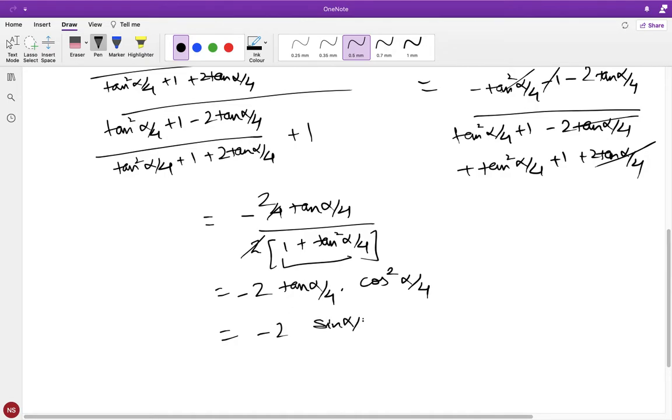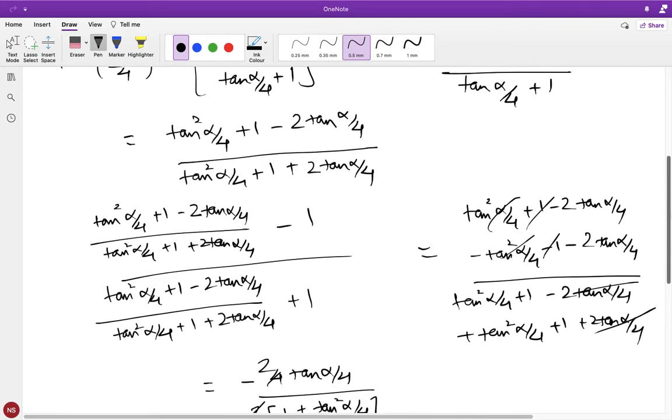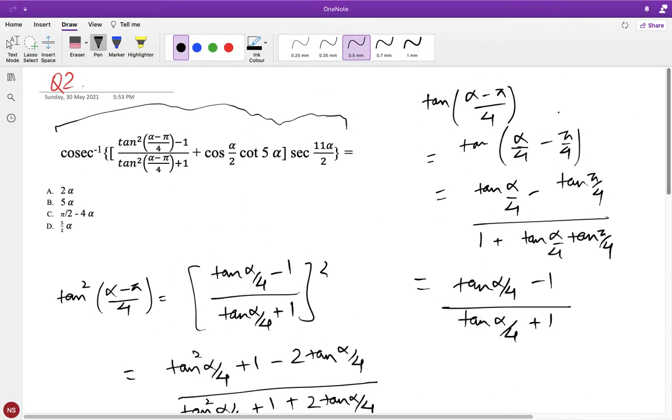Sine(α/4) by cos(α/4). So this will be cancelled. So minus 2 sin(α/4)cos(α/4), so minus sin(α/2). So this whole thing is just sin(α/2) with a negative sign, minus sin(α/2).